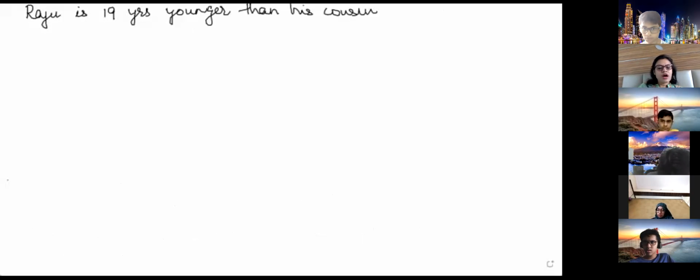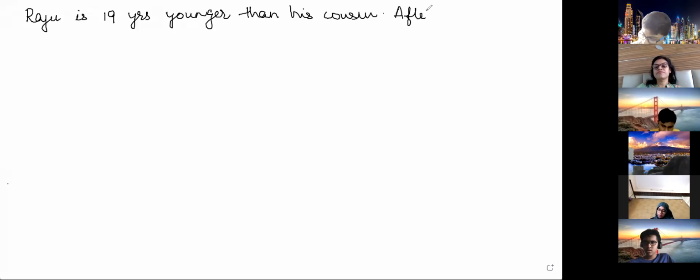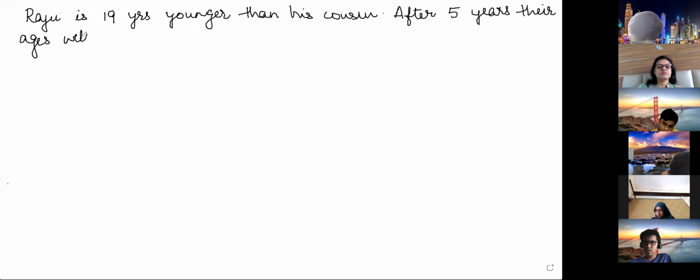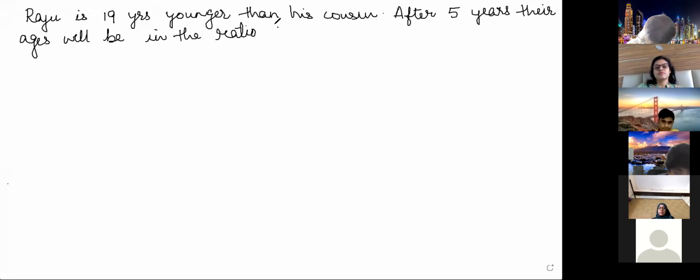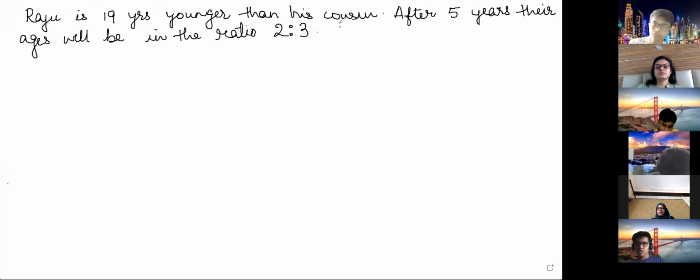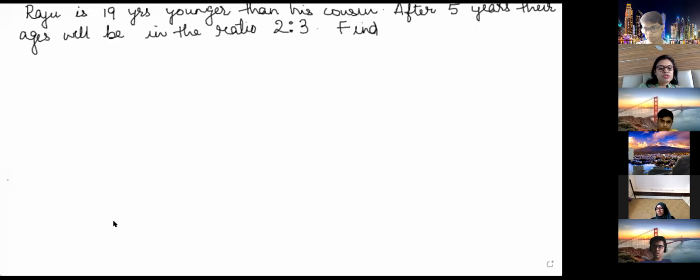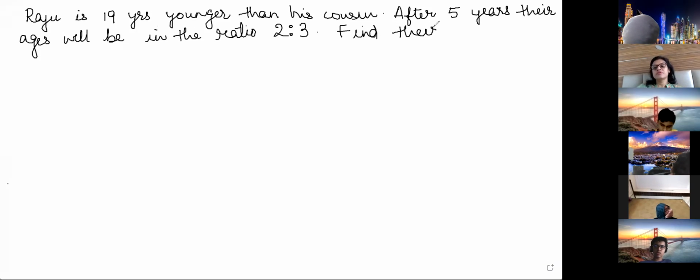After 5 years, their ages will be in the ratio 2:3. Find their present ages.